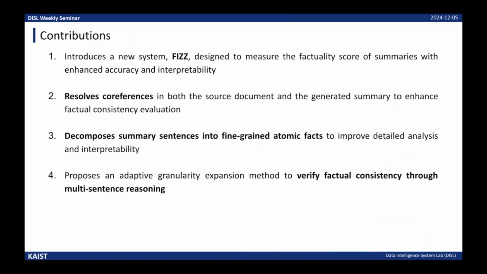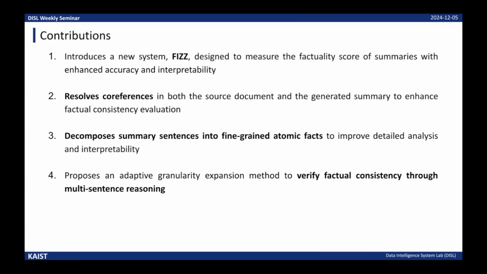Based on the motivation that I just explained, here are the main contributions of this paper. First, they introduced a new system called FIZZ, which improves the accuracy of summary factuality evaluation and provides better interpretability. Second, they enhance the factual consistency evaluation by converting pronouns into explicit named entities.